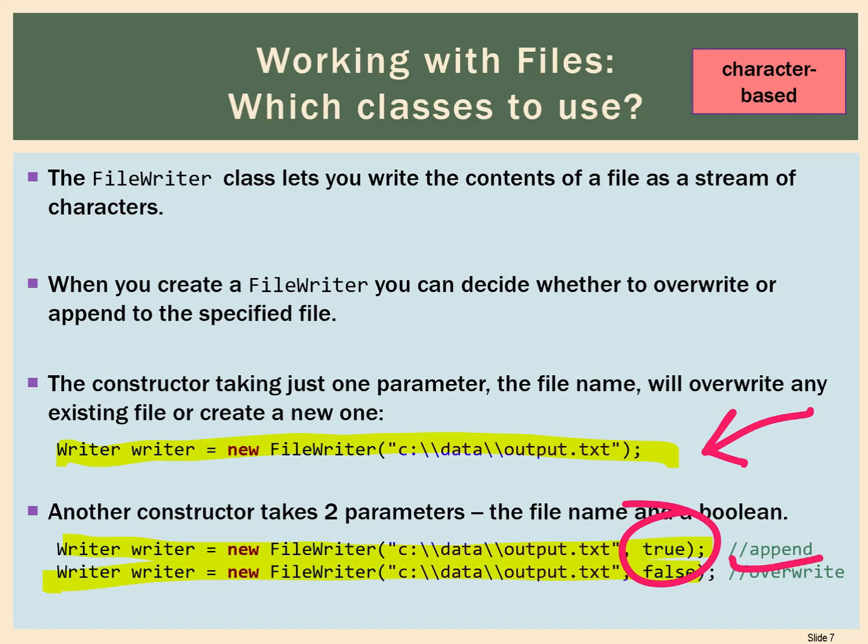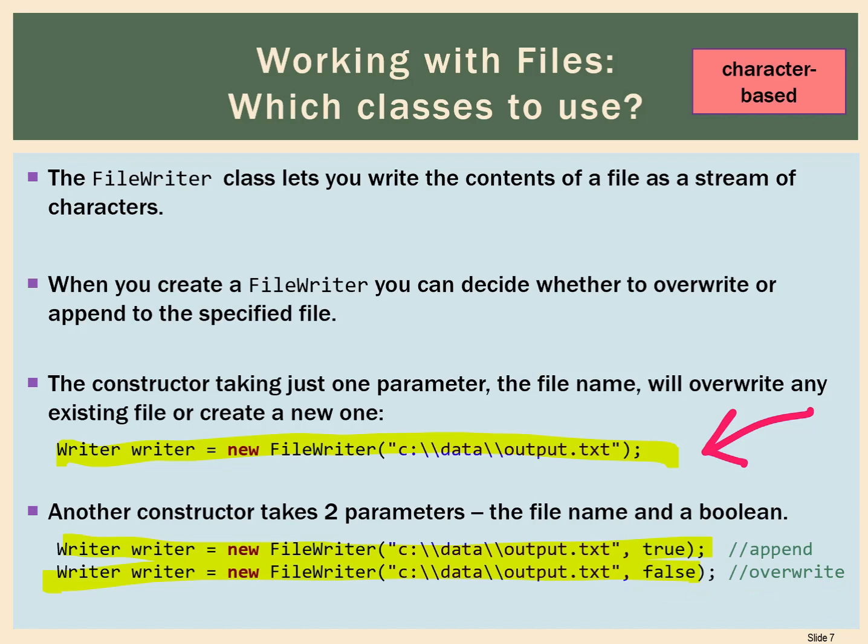So as you open the file, if the file already exists, the characters you write will go at the end of the file. Or you could open it with the value of false, and that puts the FileWriter in overwrite mode, which means that any contents of the file that were already there will be wiped out and replaced by the new writing of characters.